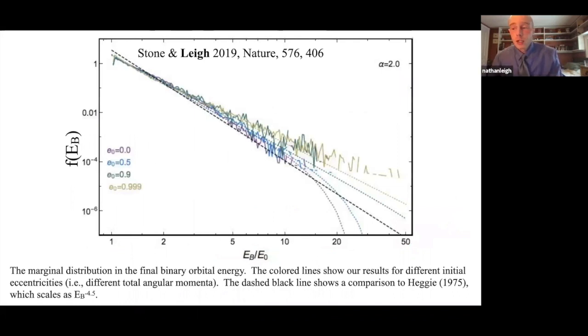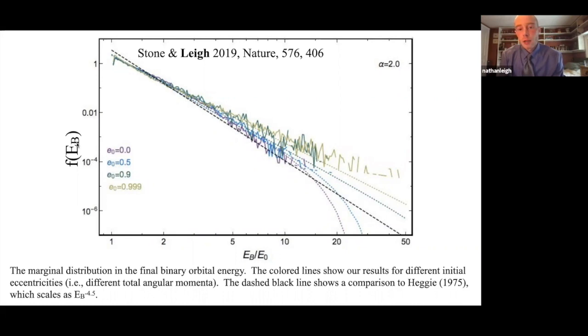So briefly, just to show you how well our analytic model, this probability density function that we've derived, reproduces the simulated data. We show the distributions of final binary orbital energies on the x-axis as a function of the total initial interaction energy.